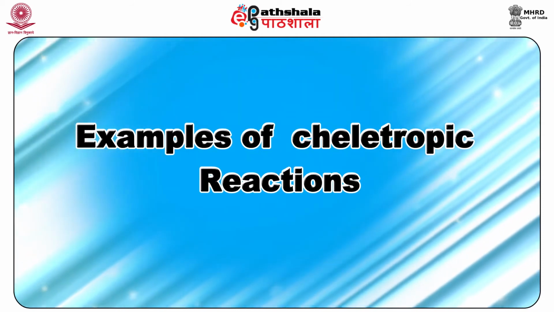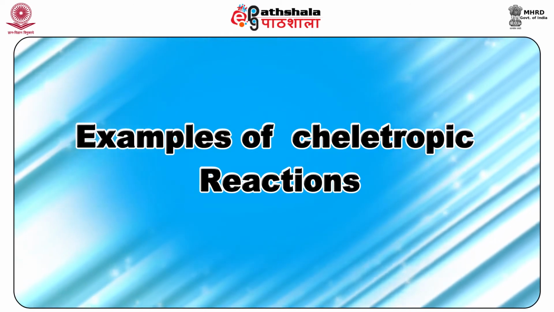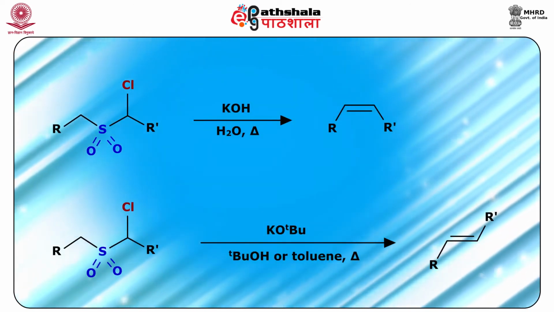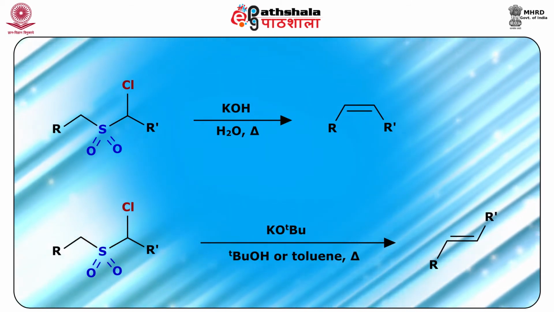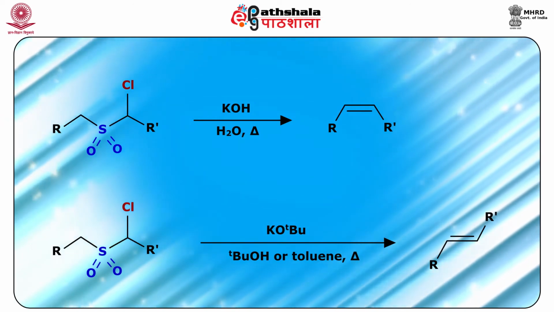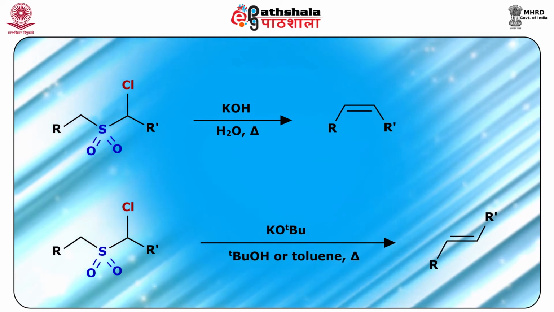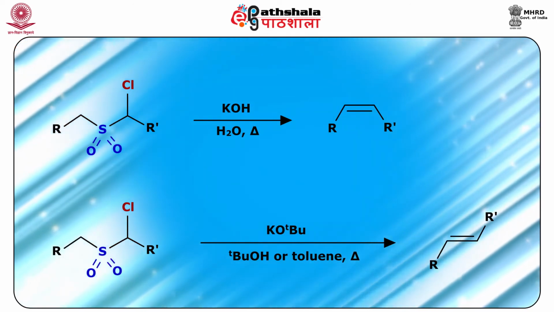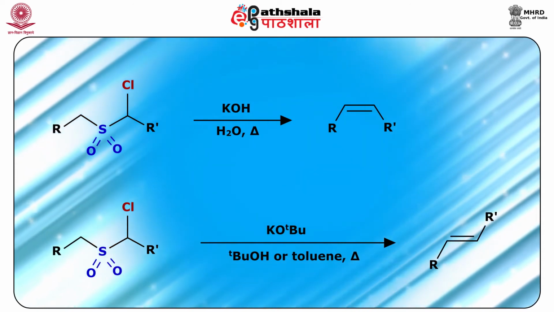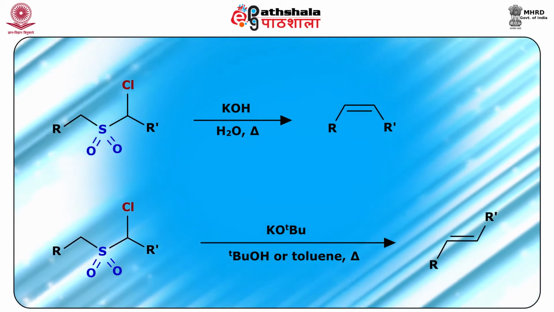Now let us look at some examples of cheletropic reactions. The Ramberg-Backlund reaction is an important example of cheletropic reaction accompanying extrusion of sulfur dioxide. The reaction involves base-mediated conversion of alpha halosulfones into E or Z alkenes.